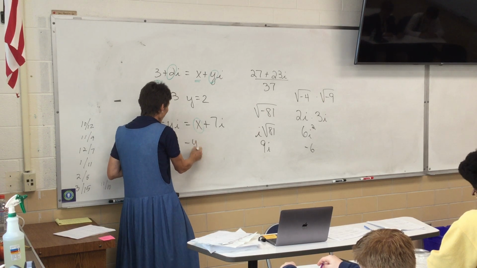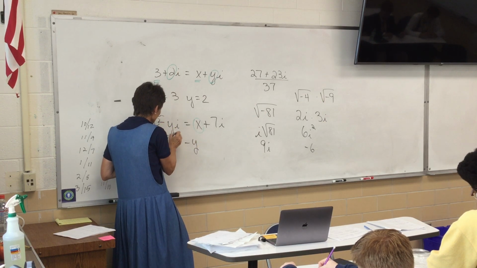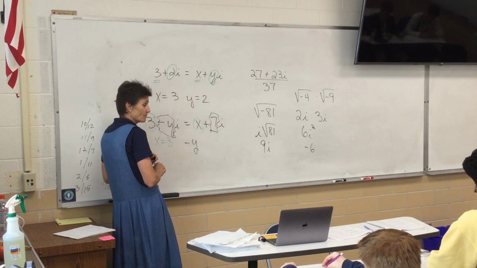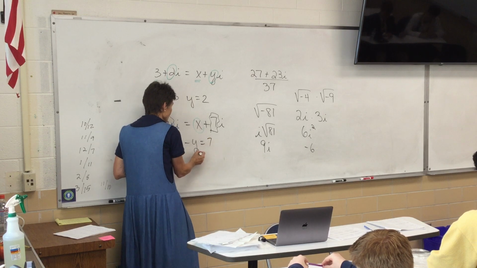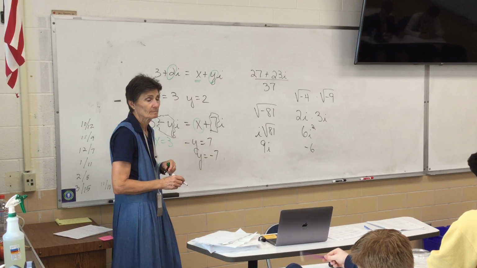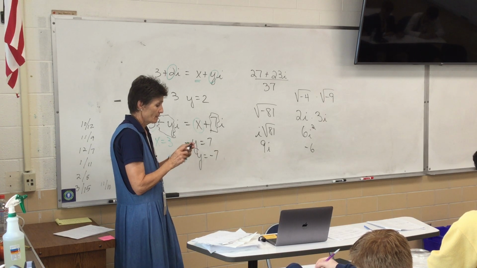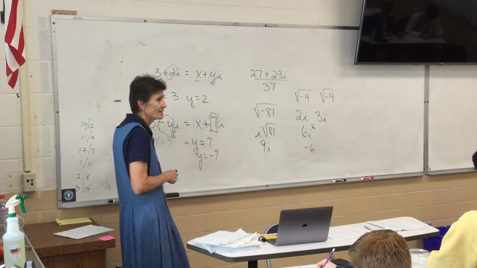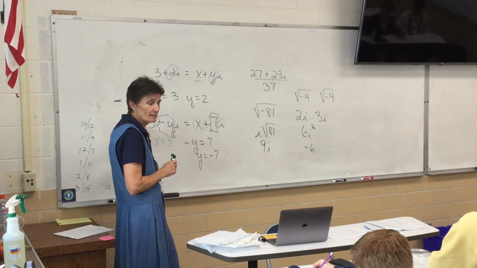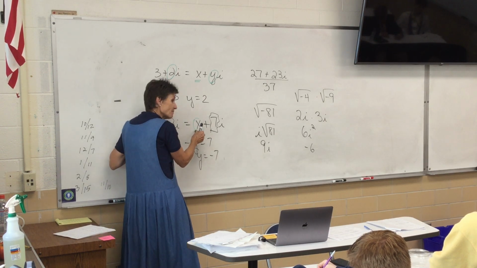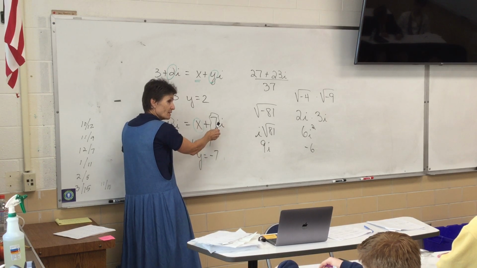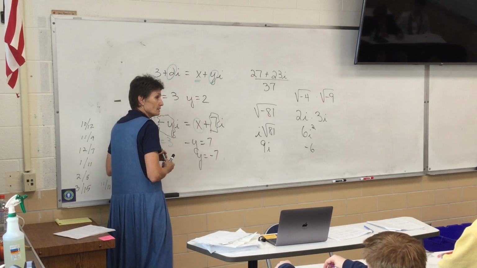So negative y, whatever number this is right here, doesn't it have to be the same as 7? Yeah. So negative y equals 7, so y equals negative 7. Sometimes when we look at a problem like that, we get all crazy. It's easy. Whatever doesn't have an i has to match up, and whatever does have an i has to match up.